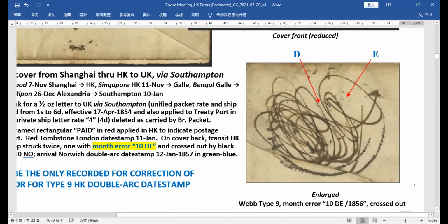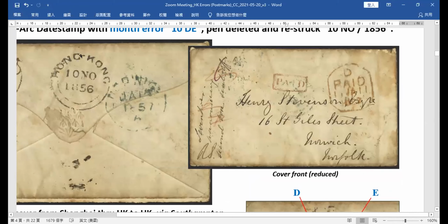The type 9 day stamp was wrongly struck with a month error, December, but actually it should be November. Therefore the month is late and restruck again. This error is really, really unusual.